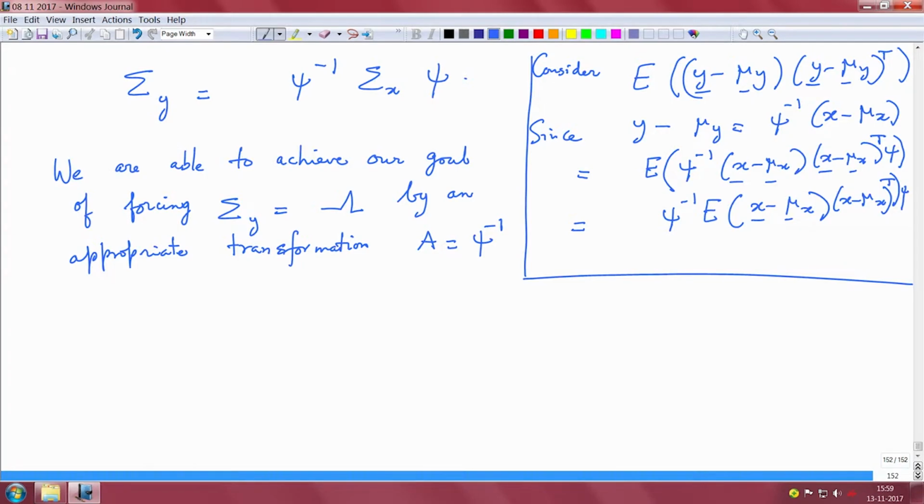Right, we can get a diagonal matrix. I mean, we can say that sigma y is going to be lambda if A is chosen to be psi inverse.